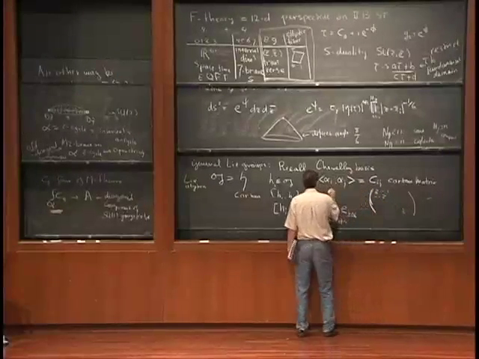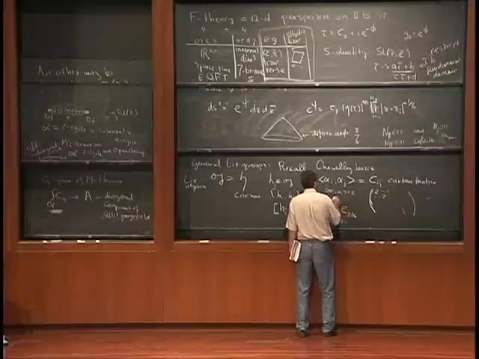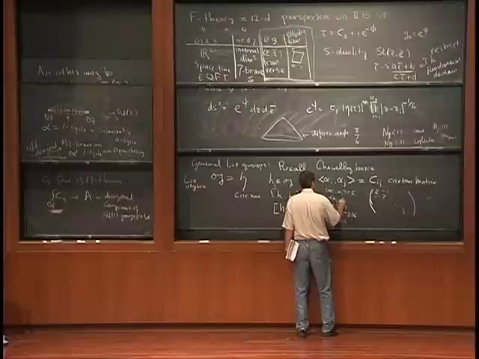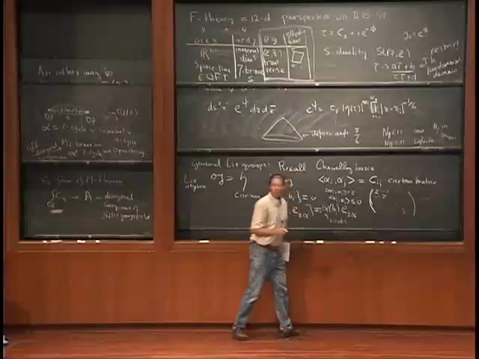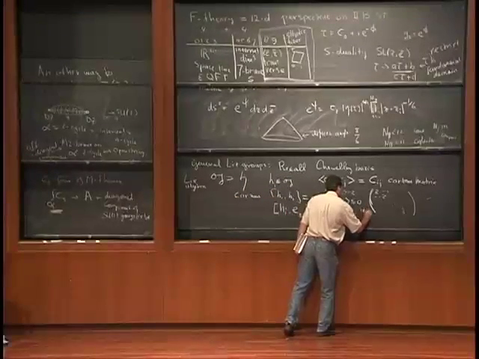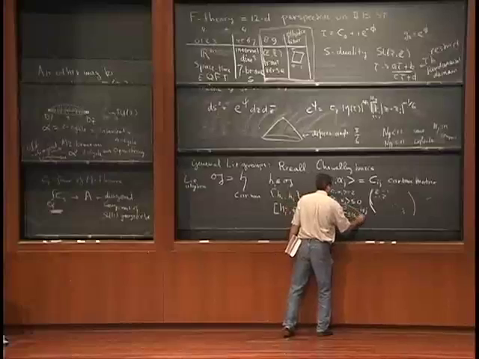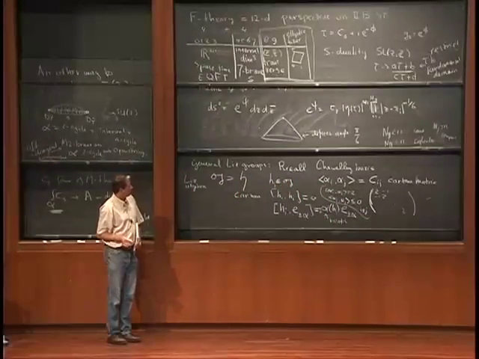So (alpha_i, alpha_i) is equal to 2, but (alpha_i, alpha_j) is a number less than or equal to 0 if j is not equal to i. And I'm just briefly reminding you of this.